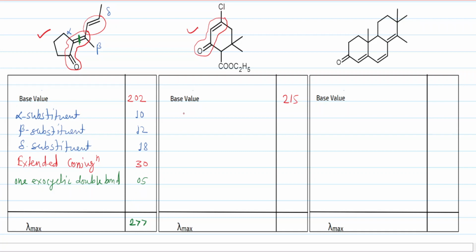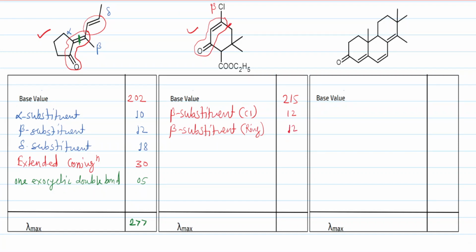So here I will write a beta substituent, and the beta substituent is chlorine, and for chlorine we have to add 12 nanometer. Now this is the beta chloro. Then this bond indicates the ring residue. So here again a beta substituent, which is nothing but the ring residue, and for that purpose we have to add 12 nanometer.